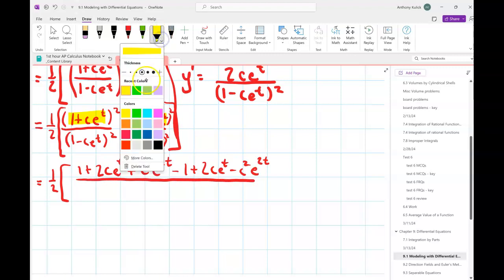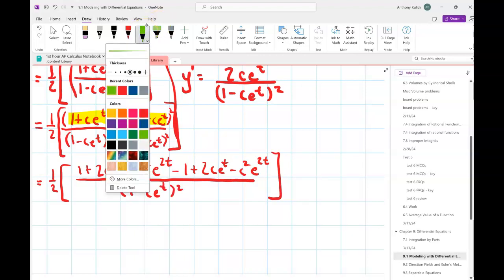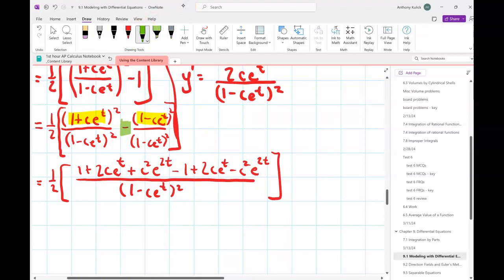Because I have this negative right here. So I distributed that while I foiled. Is that okay with everybody? Then I'm just giving a little bit of narrative here instead of grinding through every little grimy detail.